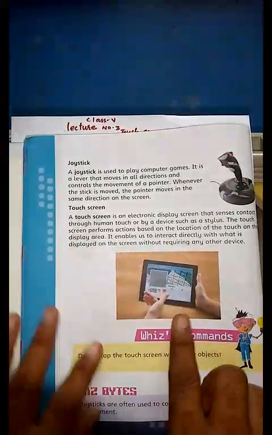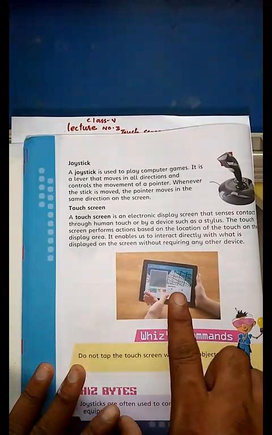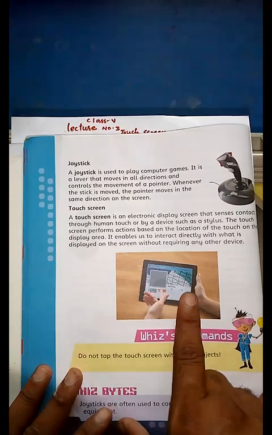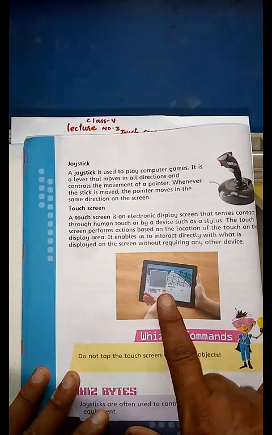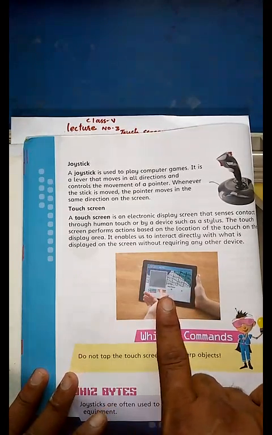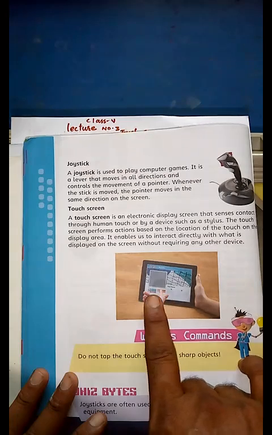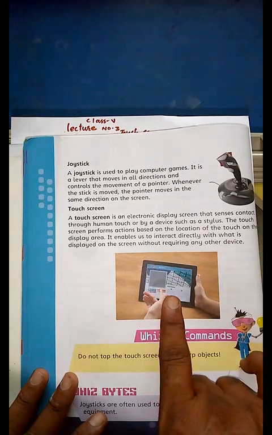Dear students, this is the touch screen that is used in mobile phones, tablets, ATM machines and other places.